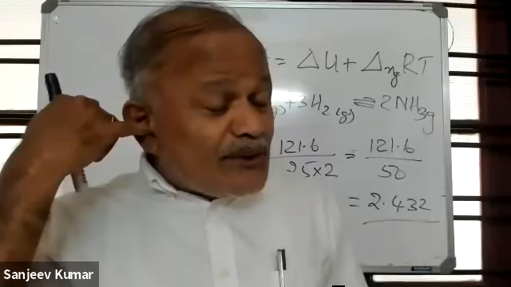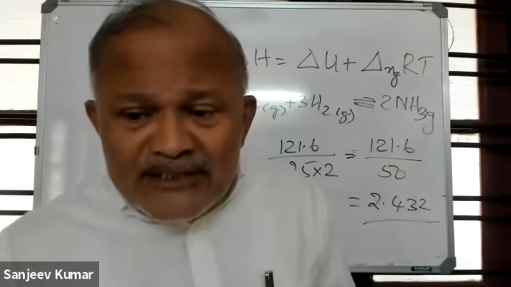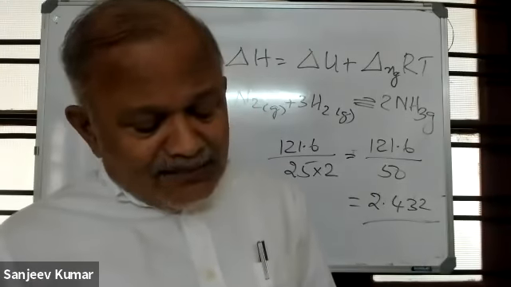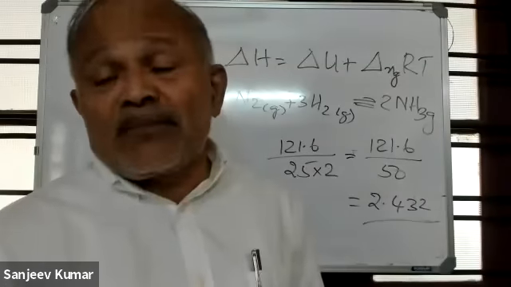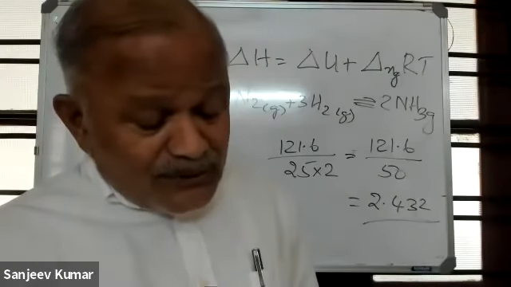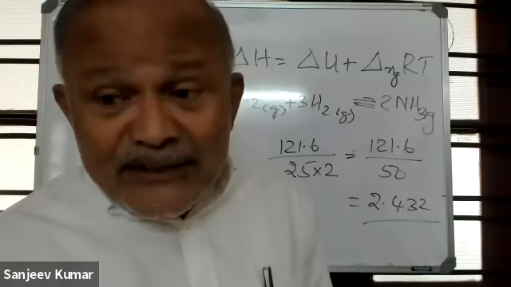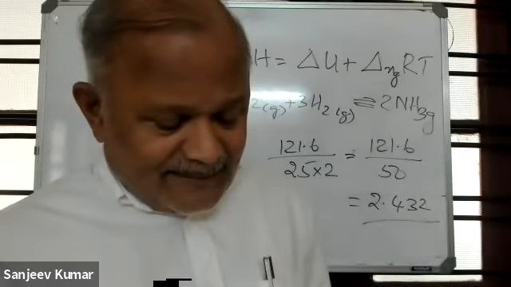It is the heat required to convert 1 mole of a solid into its liquid at its melting point. And the enthalpy of fusion of sodium metal is plus 2.6 kilojoule per mole. That is, in order to melt 1 mole of solid sodium into liquid sodium, 2.6 kilojoule of heat should be supplied.